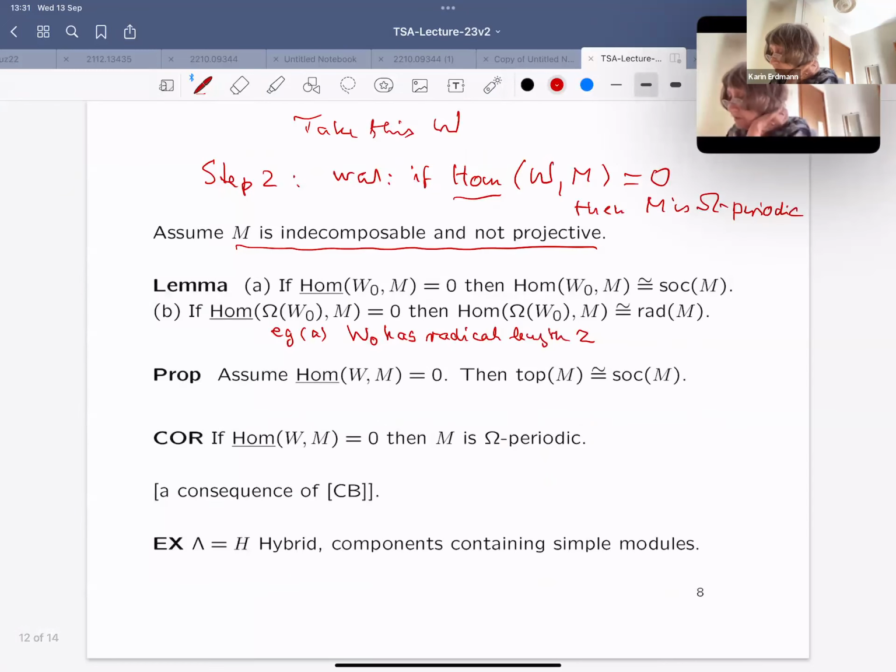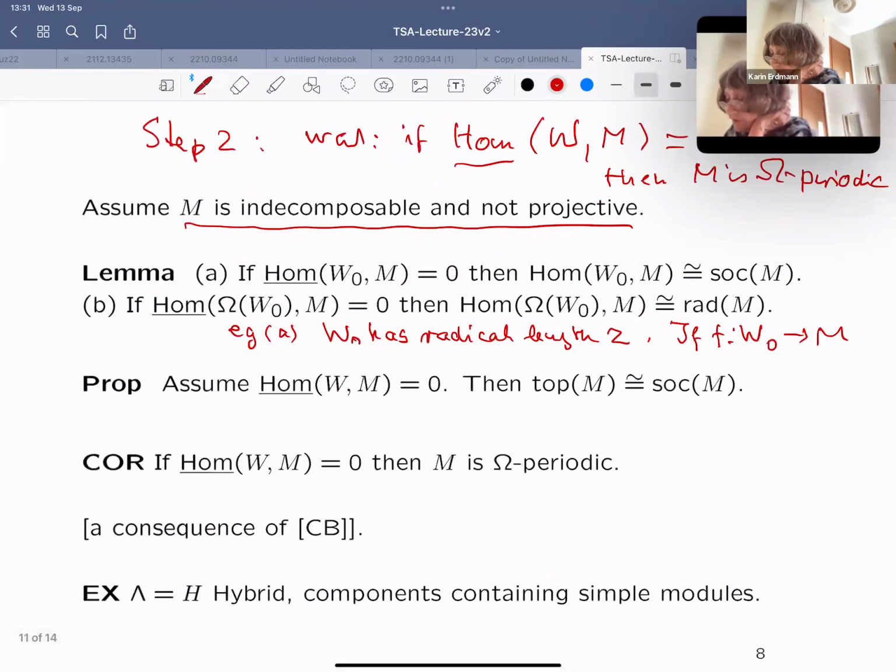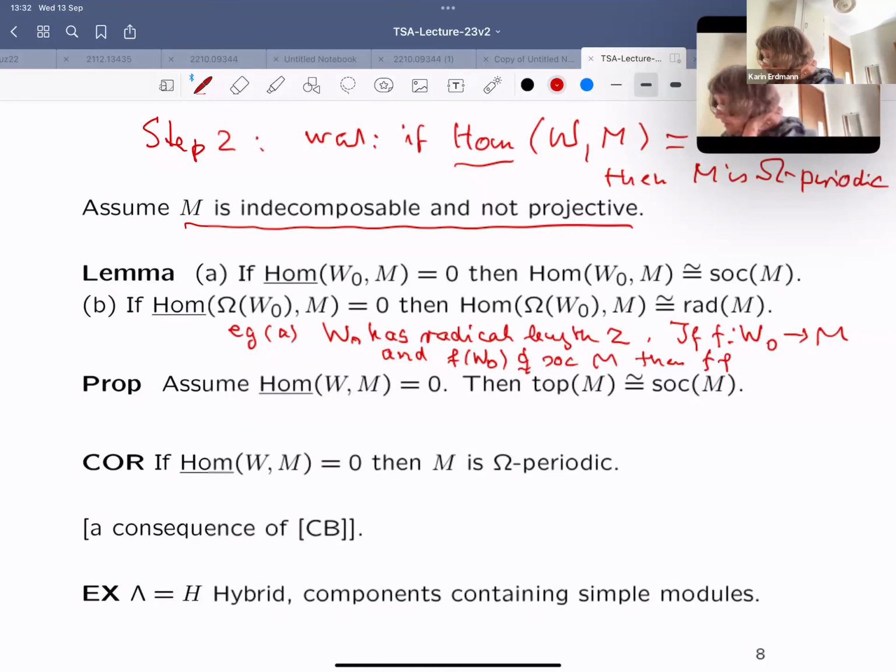And you show that if a map has image not in the socle, then you'd have to show that the class of f is zero, then f factors through a projective.